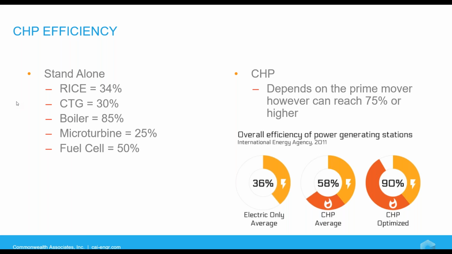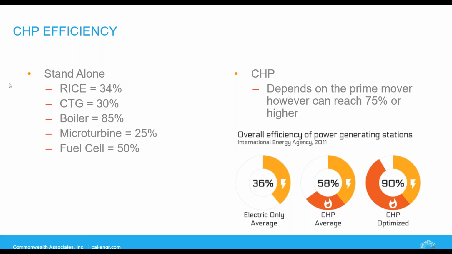Combine that with the loss of energy to the end user via distribution systems, and the efficiency of older generating stations is below 40%. The idea to use the lost heat and to reduce the distribution losses has created a technology in the CHP that has drastically improved the efficiency in these processes.